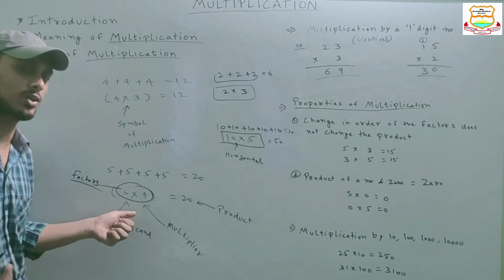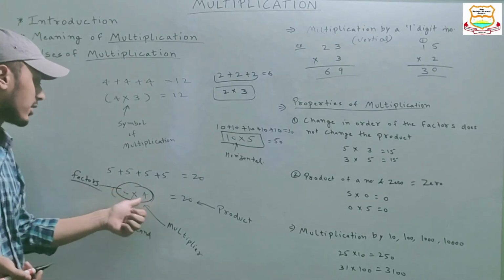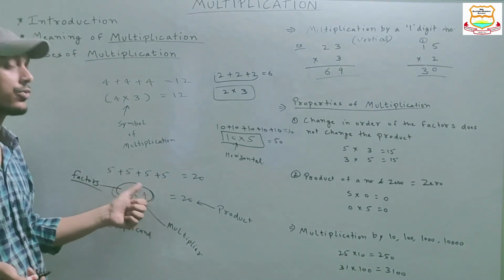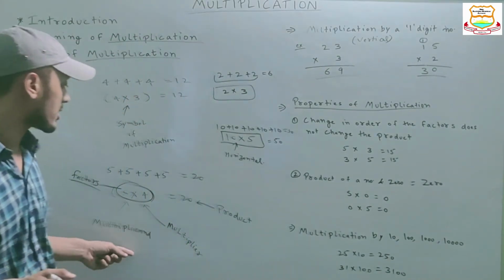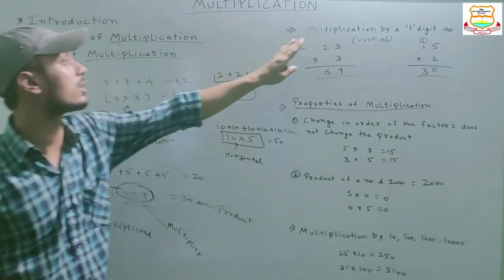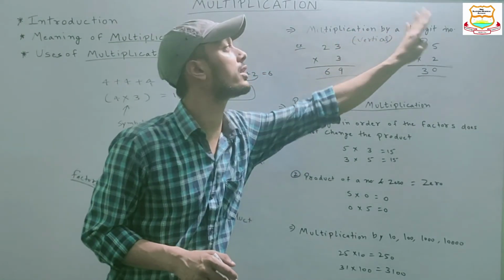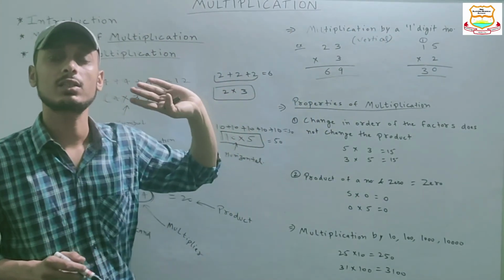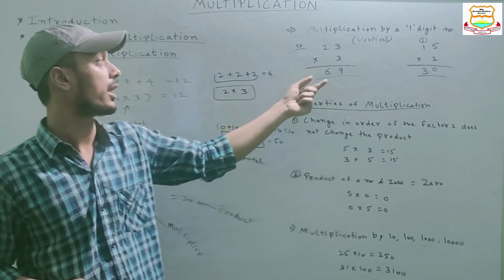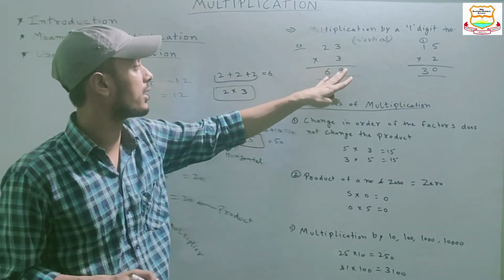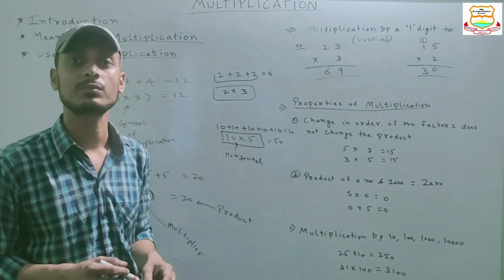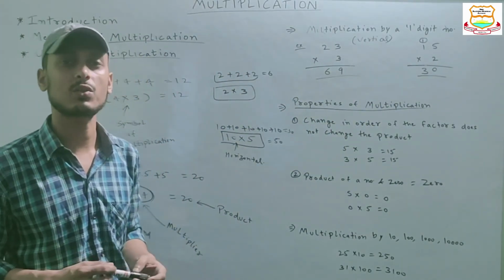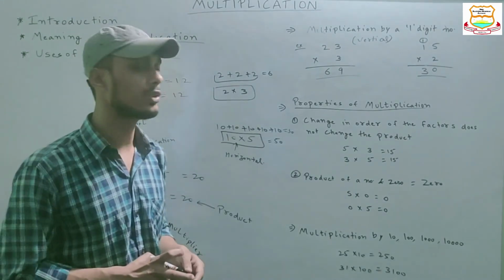Maybe in higher classes you will learn more. 5 is a factor and 4 is also a factor of the product. After that we learned about the multiplication by a one digit number, or you can say single digit number, and I explained by solving two examples how to multiply, what is the rule, and that was so simple. I hope you understood it.